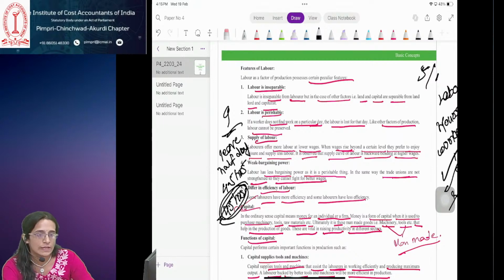Labor differs in efficiency. Now we will discuss this. You are working in an organization in a team of 4 members. You have got a job after CMA and you are working in a team.